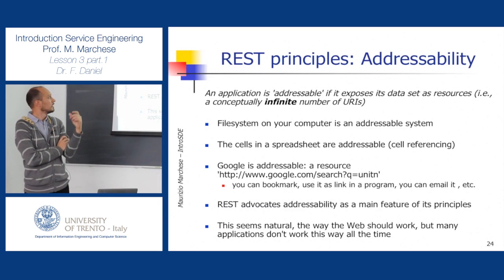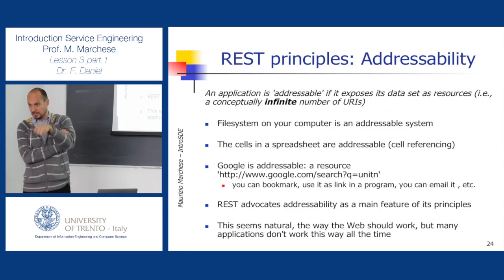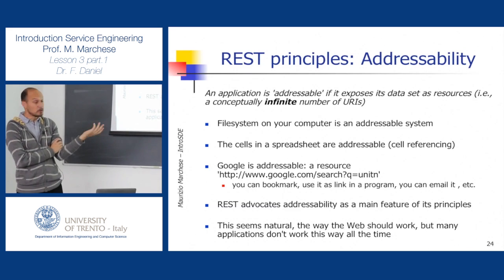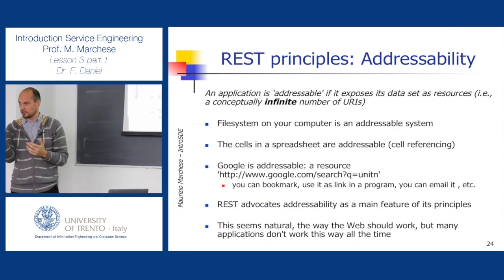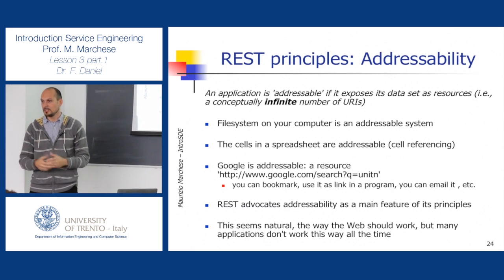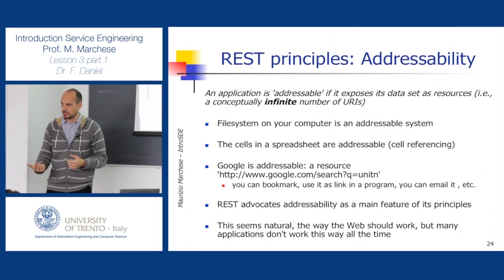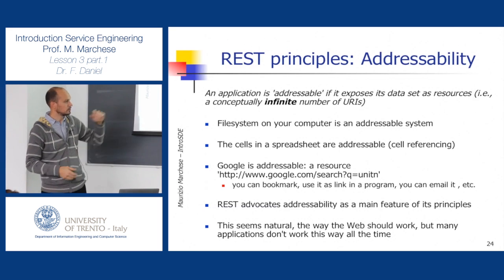The cells in a spreadsheet have just the bidimensional coordinates. And Google is addressable. You can just put your search string there, and you can save it, and it's kind of an address. Each time you put the same search string there, you get to the same destination.